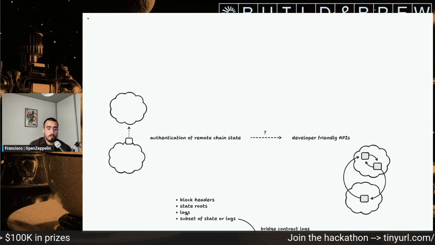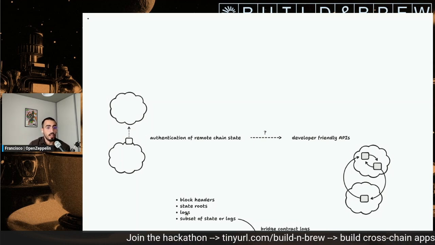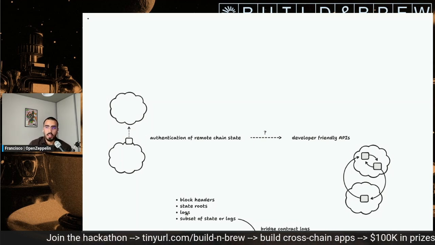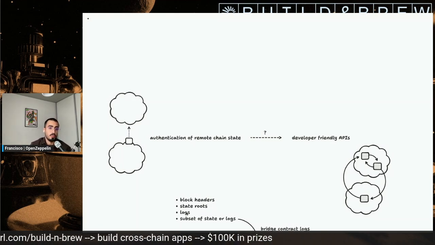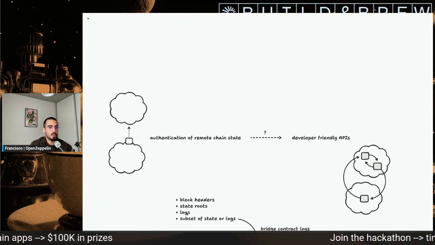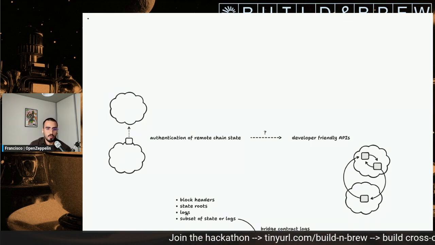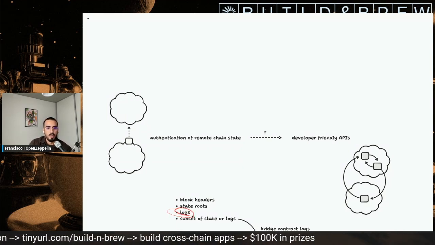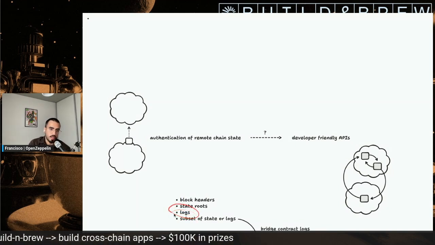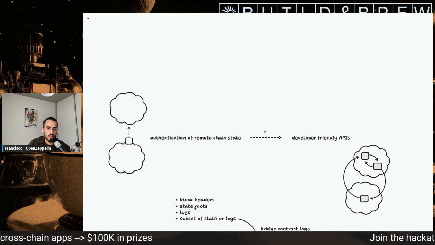So, for example, if you are on chain B and you're waiting for some payment that happened on chain A in order to mint an NFT, you might see a transfer from the right address to the right address and for the right amount, but how can you be sure that it is the payment that you're waiting for, and that it is not some random unrelated payment that happened 2 weeks ago, right? So you don't really have all of the information that you might want from reading arbitrary logs.